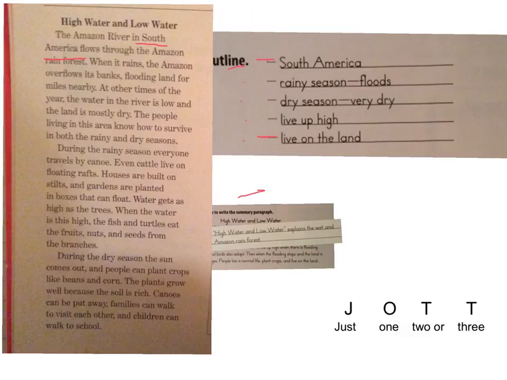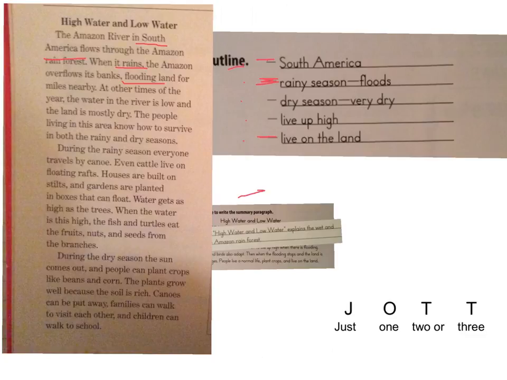It says, when it rains, the Amazon overflows its banks, flooding land for miles nearby. So we know that during the rainy season, what happens? Well, there's major flooding. So that's just our basic idea, that during the rainy season, there are floods.